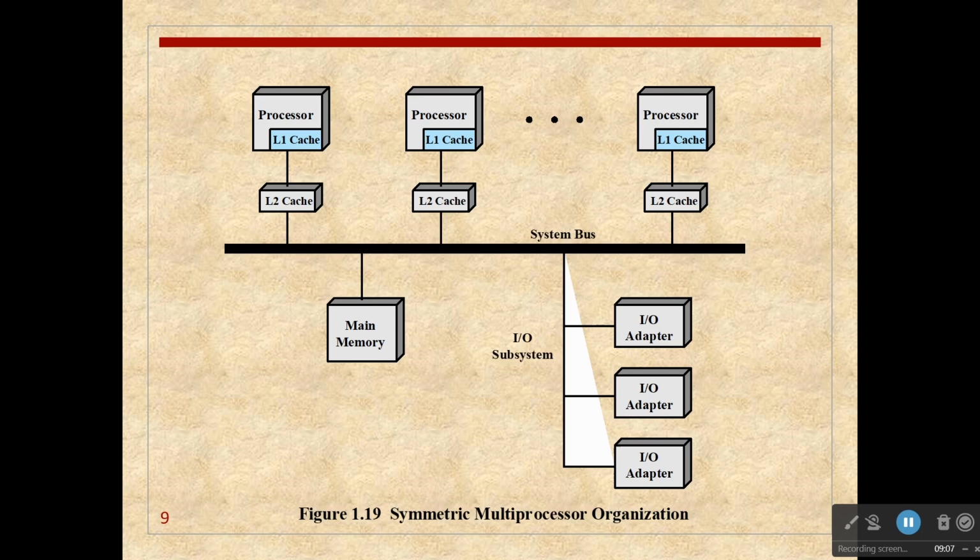Because each local cache contains an image of a portion of main memory, if a word is altered in one cache, it could conceivably invalidate a word in another cache. To prevent this, the other processors must be alerted that an update has taken place. This problem is known as the cache coherence problem and is typically addressed in hardware rather than by the OS.